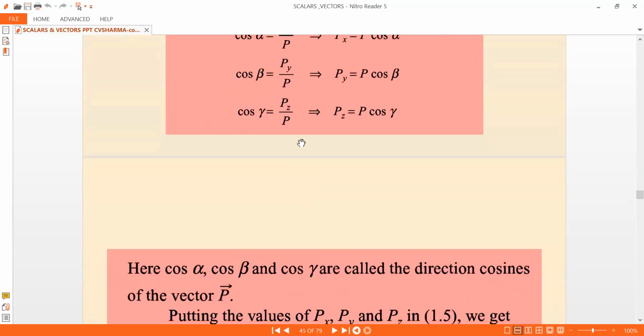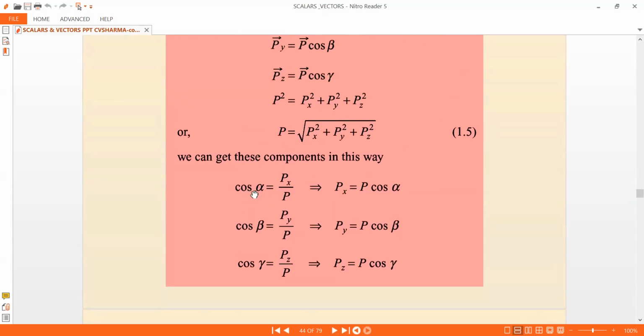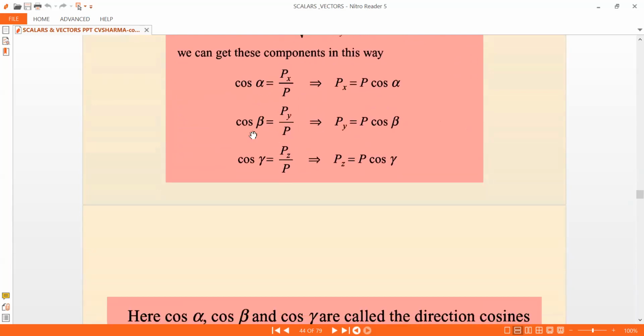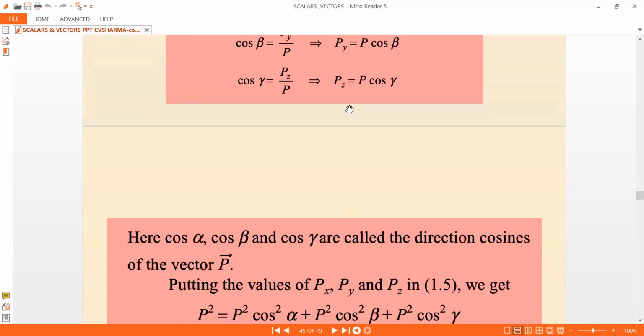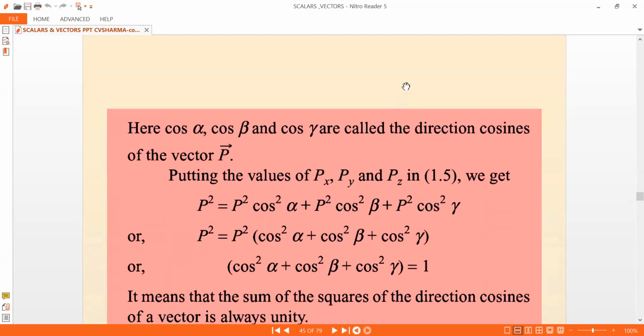This is the idea. So when you find cos alpha, it becomes Px by P, cos beta is Py by P, and cos gamma is Pz by P, where cos alpha, cos beta, cos gamma are called direction cosines of the vector P bar.